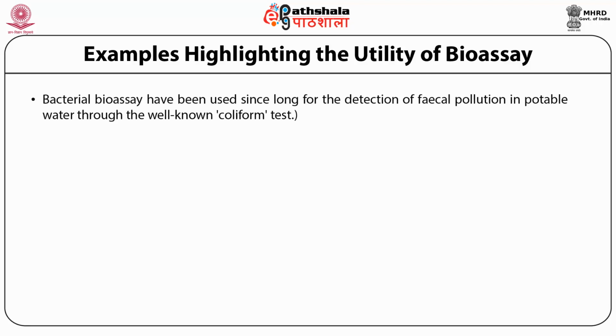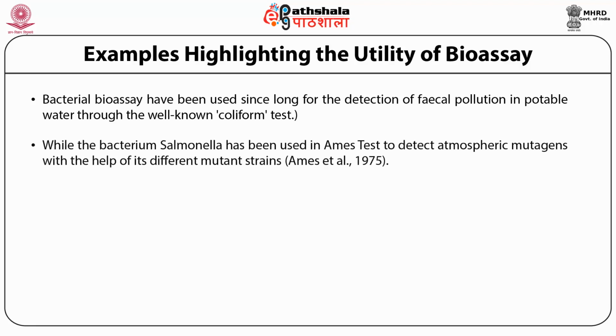Bacterial bioassays have been used since long for the detection of fecal pollution in potable water through the well-known coliform test. At present, obligate anaerobic bacteria and their phages and viruses are considered to be the most suitable indicators of water pollution, while the bacterium Salmonella has been used in Ames tests to detect atmospheric mutagens with the help of its different mutant strains.